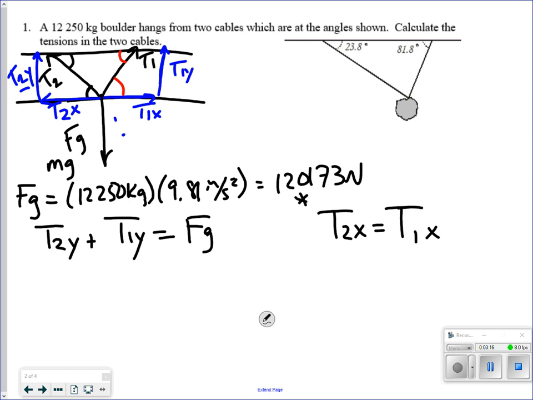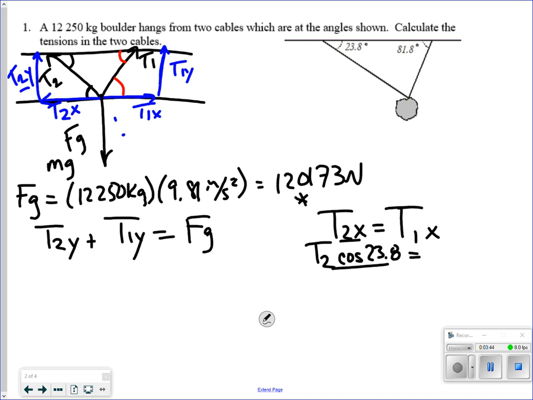All right, T2x equals T1x. What I'm going to do is take T2x and put it in terms of just T2, right? So what I know is that T2, what's my angle there? 23.8. Okay, times the cosine of 23.8, right? That's another fancy way of saying T2x.